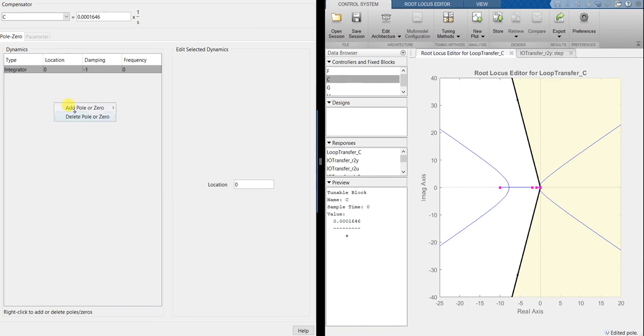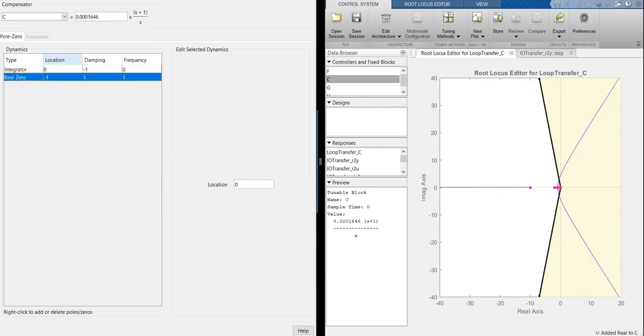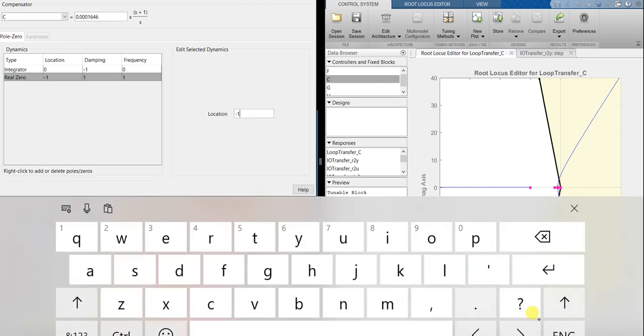We also need to introduce a 0. So, a real 0. By default, it's located at minus 1, and I'm going to change it to minus 0.1.